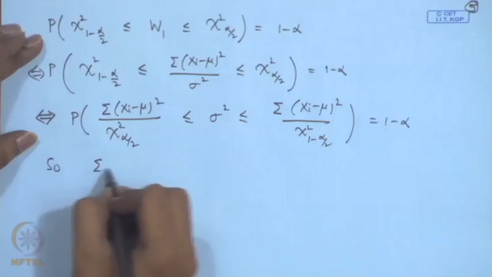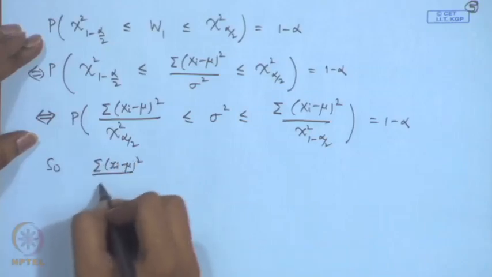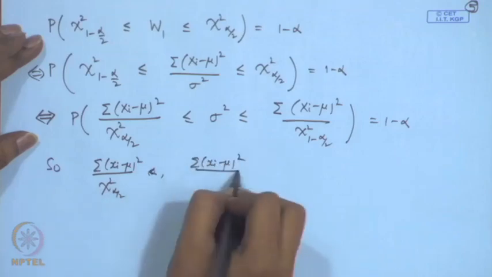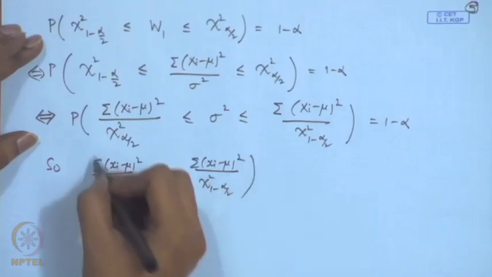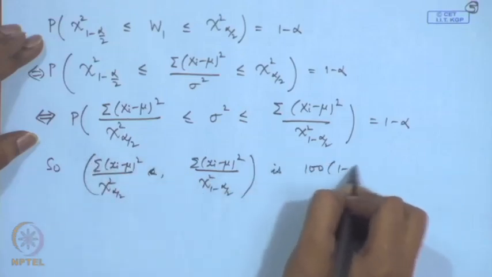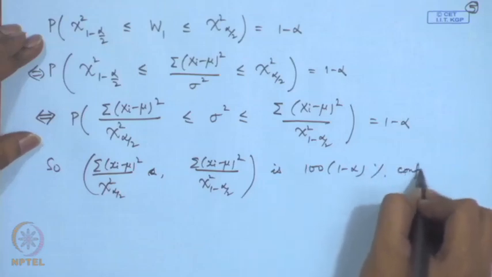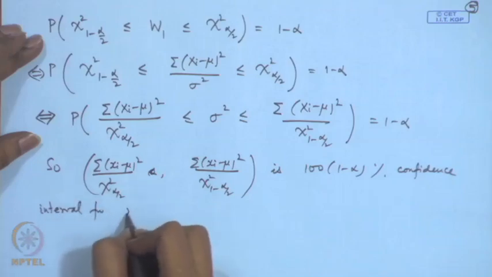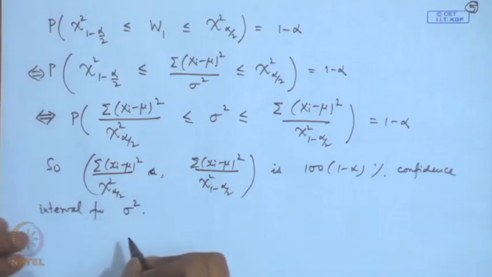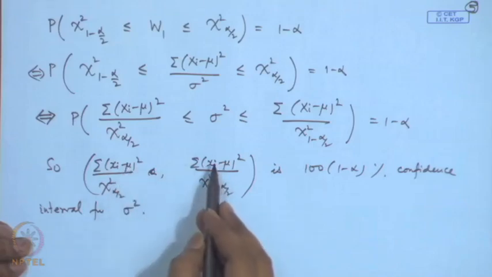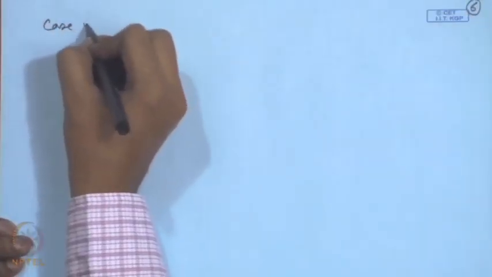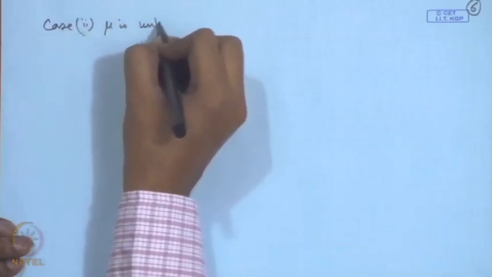So, here we get sigma x i minus mu square by chi square alpha by 2 to sigma x i minus mu square by chi square 1 minus alpha by 2 as the 100 times 1 minus alpha percent confidence interval for sigma square. Now, here mu was assumed to be known. When mu is unknown, then we cannot utilize this. So, let us consider the case when mu is unknown.